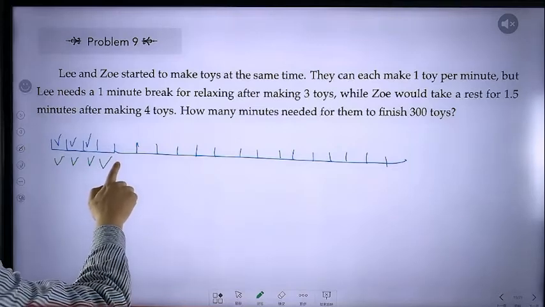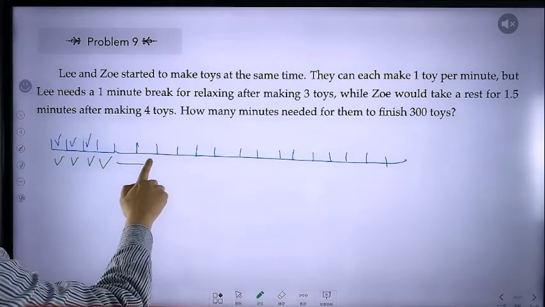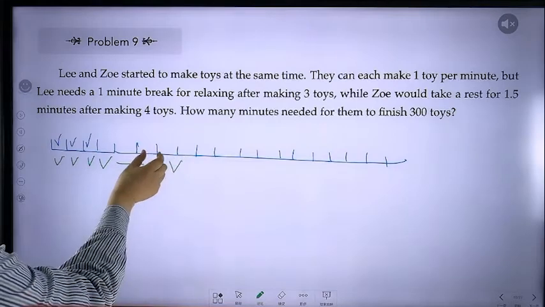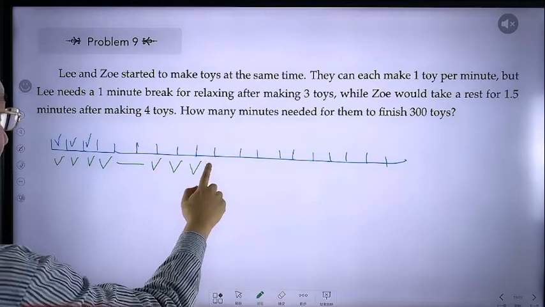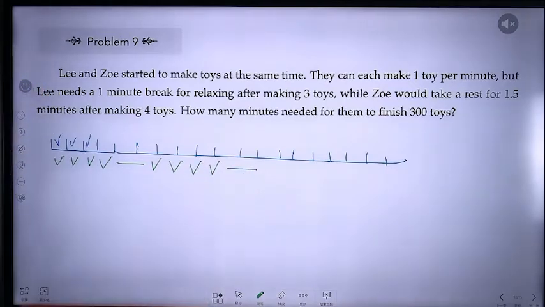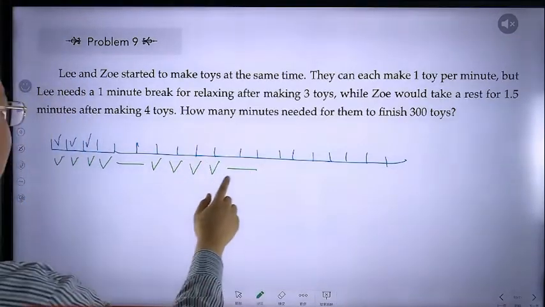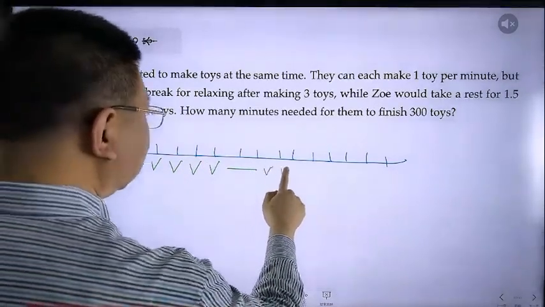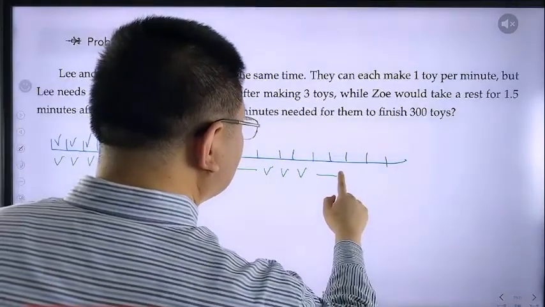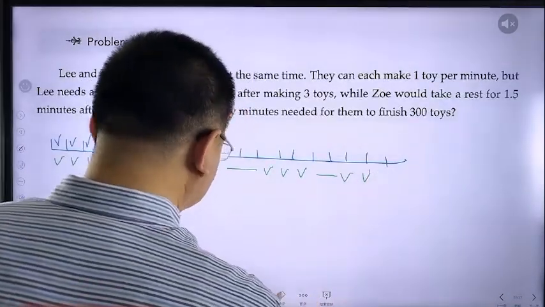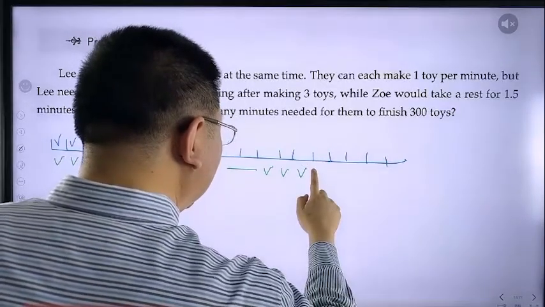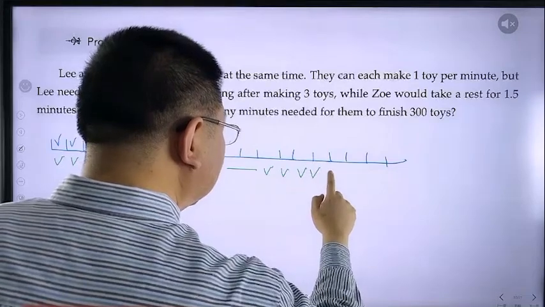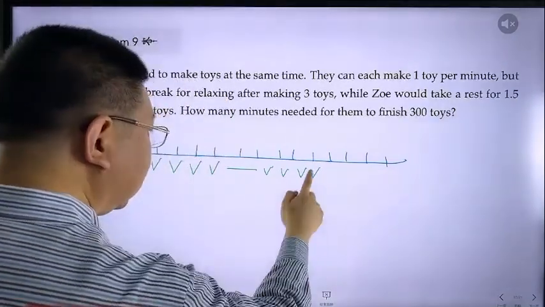So the situation would look like what? He rests and then he works, but this time he works from half minutes to the next half minutes, until he rests again. So altogether there should be 9 minutes, right? And then we just continue, right? 1, 2, 3, half, and then 1, 2, 3, 4. 1, 2, 3, 4, and then rest.